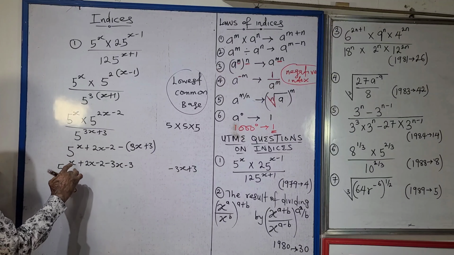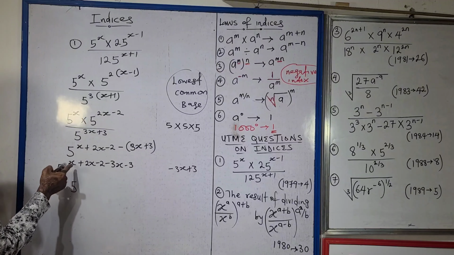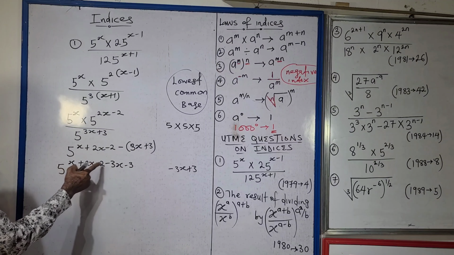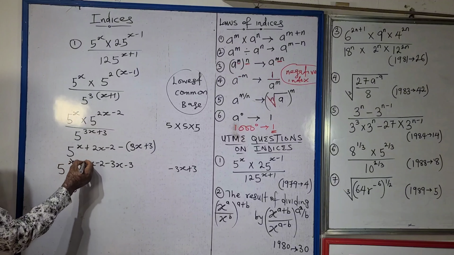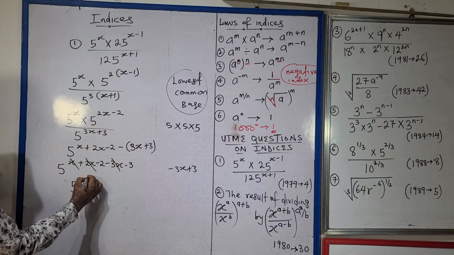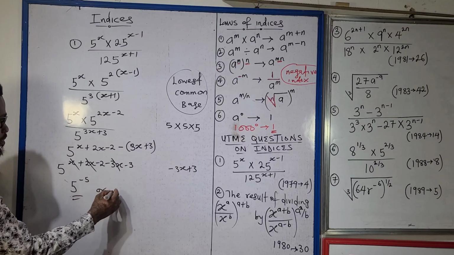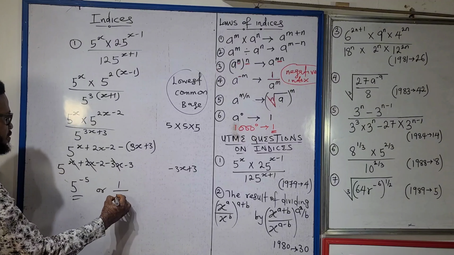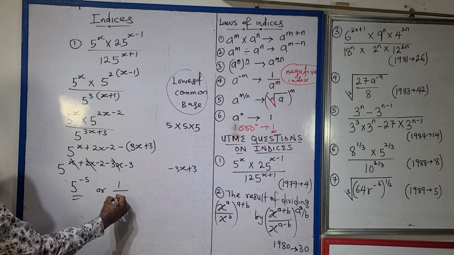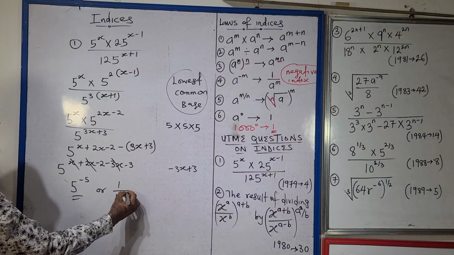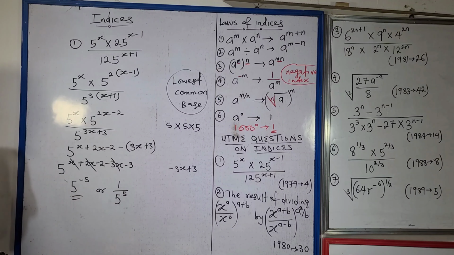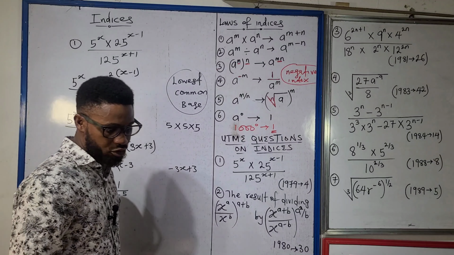So we have x plus 2x, that's 3x, 3x minus 3x, so this goes out. 5 raised to the power minus 5, that is the answer, or 1 divided by 5 raised to the power 5, as a negative index is going to give us 1 over. So that ends the first question.